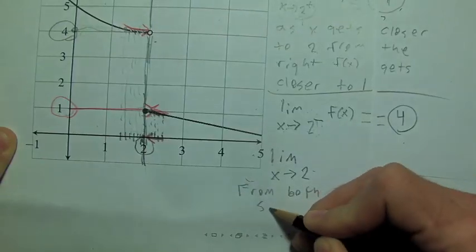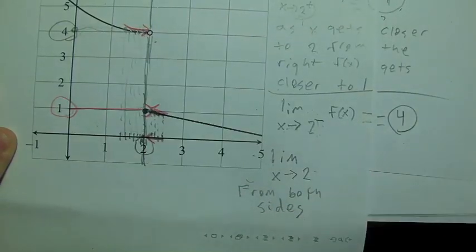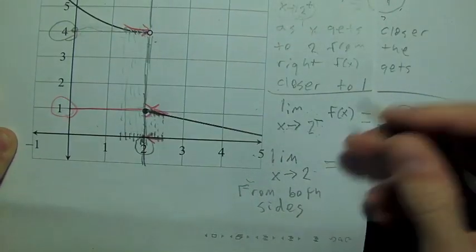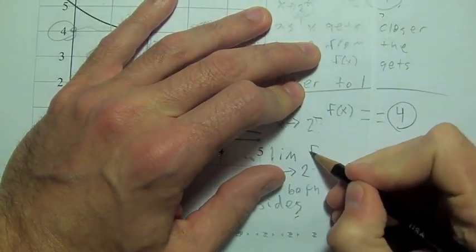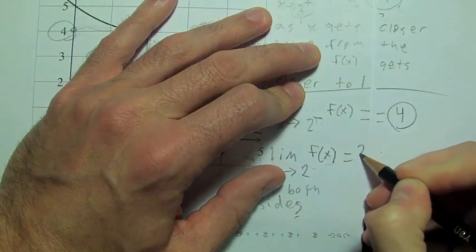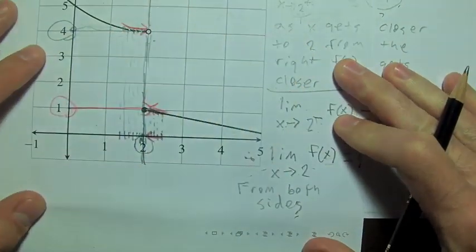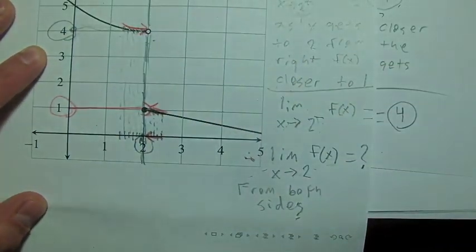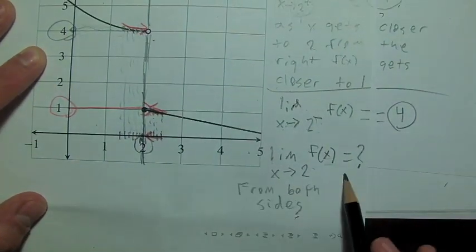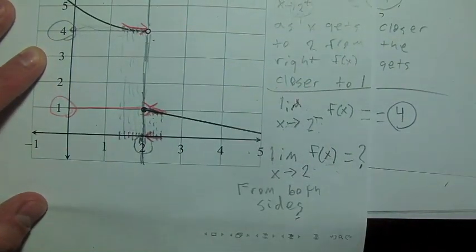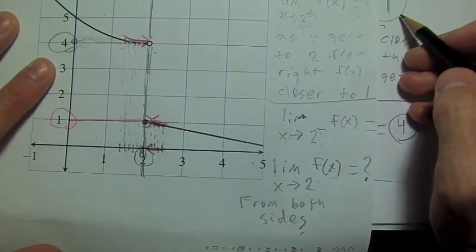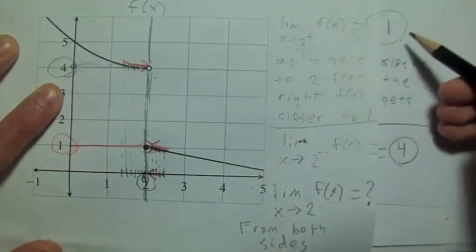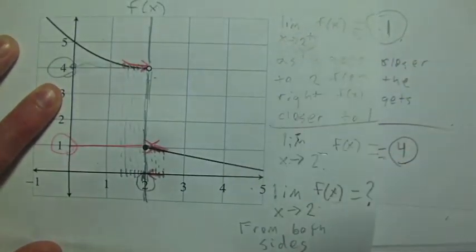So the question is, what is the limit from both sides? The limit from the right we found was 1, you can see that, and the limit from the left was 4.